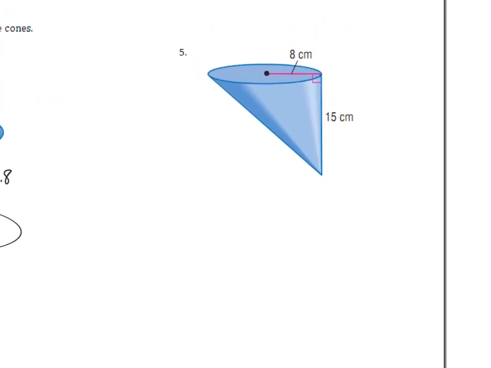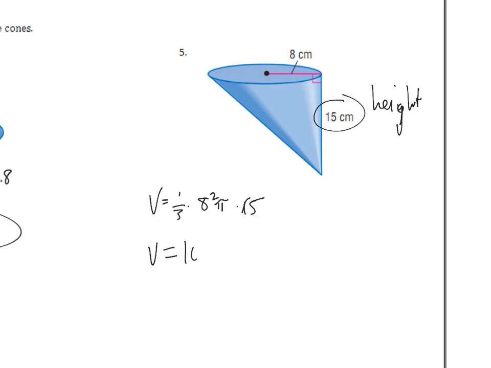Here, this is straight up and down, so this ends up being my height. So that's going to be 8 squared times pi times 15. So my volume is going to be 1005.31 centimeters cubed.